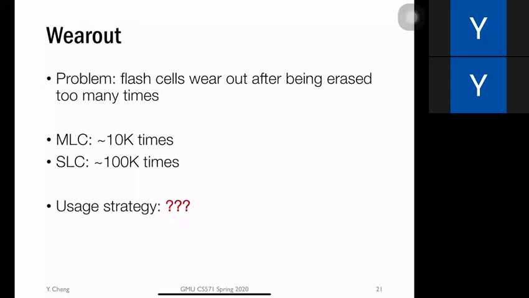If you want to write something to some place within the disk that has already been written with data, you have to erase this whole flash block so that you can overwrite.